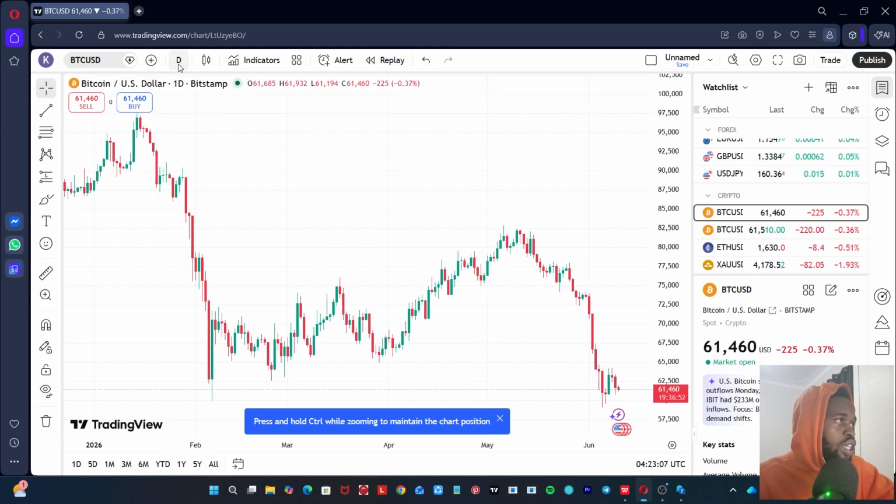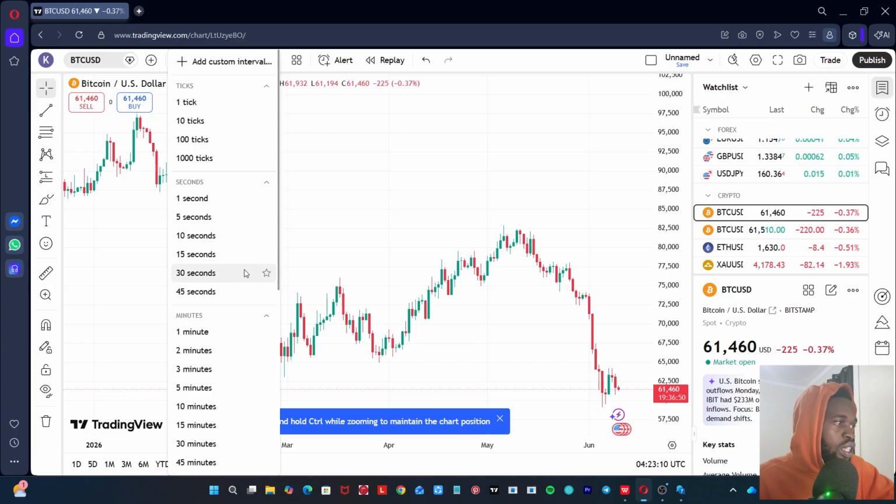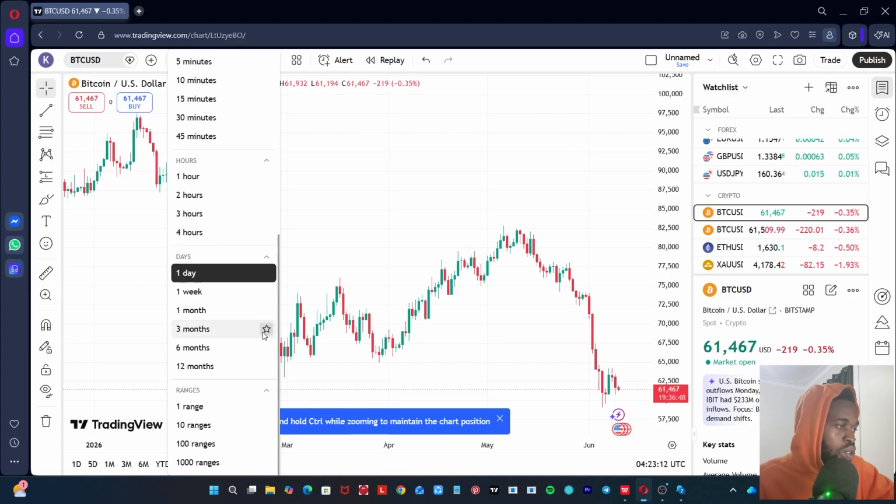Now here you can see the time frames that you can use. If you're a swing trader, a trader who spends a lot of time in the market, you would use the daily, the weekly, the monthly, and you just favorite them.